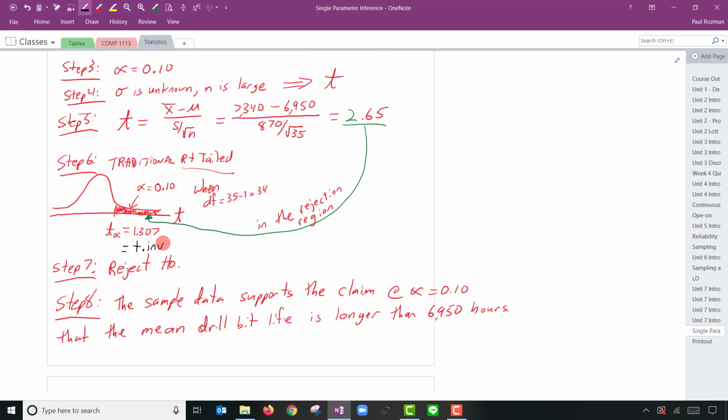And I think there's a T.INV to the right, but I'm not sure. Usually our inverse function, almost all of our functions, go to the left. So I know that if I do T.INV of 90% with 34 degrees of freedom, I'll get that number. I'm not sure if there's a T.INV.RT. If there is, then you could put 10%.